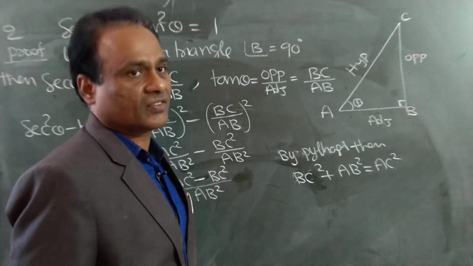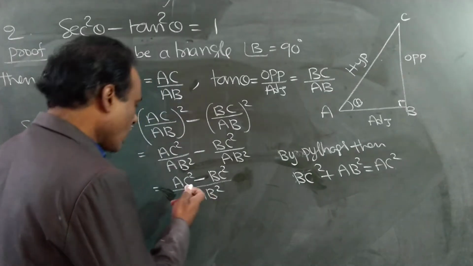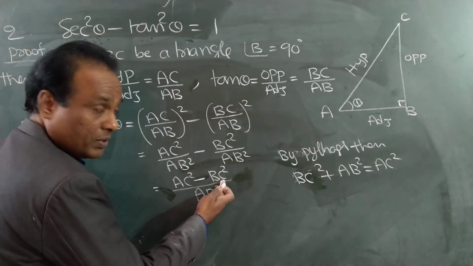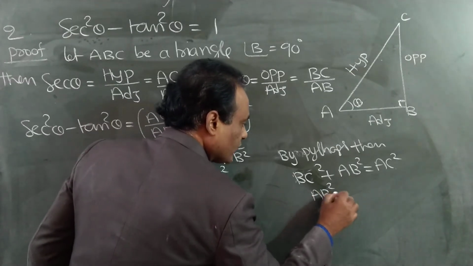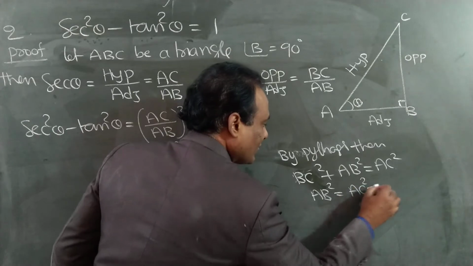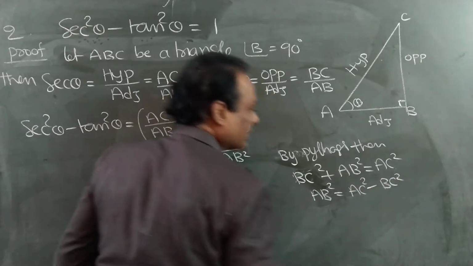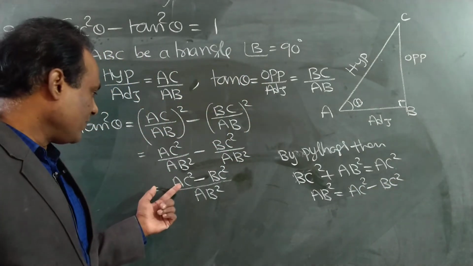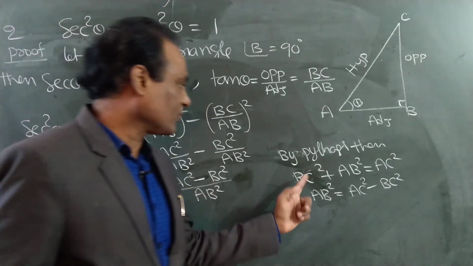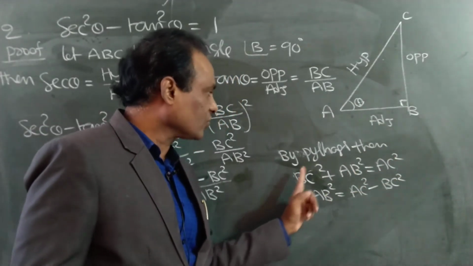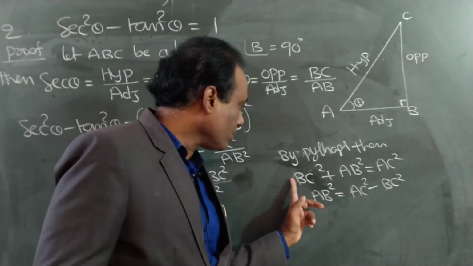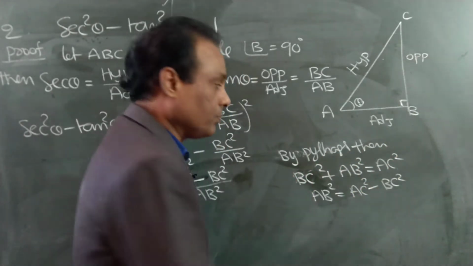But what do we require? AC square minus BC square. So take BC square to the other side: AB square is equal to AC square minus BC square. BC square, taken to the right side, becomes minus BC square.